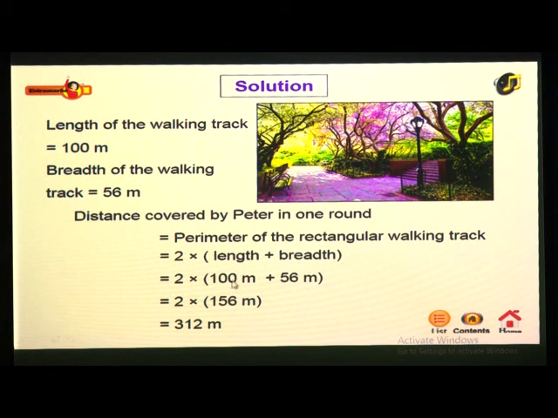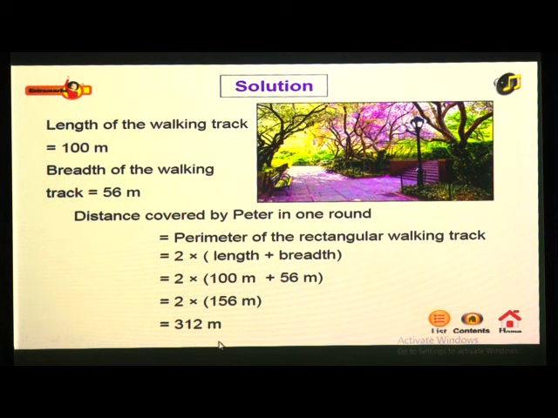So, we substitute the values: for length we have 100 meter and for breadth we have 56 meter. So, 100 plus 56 is 156 meter. Now, 2 into 156 becomes 312 meter.